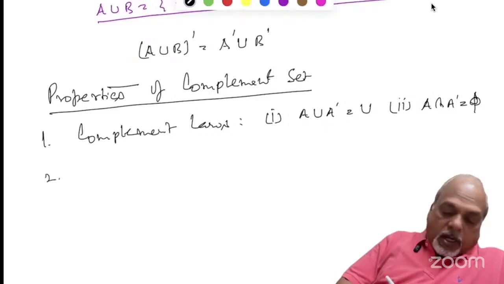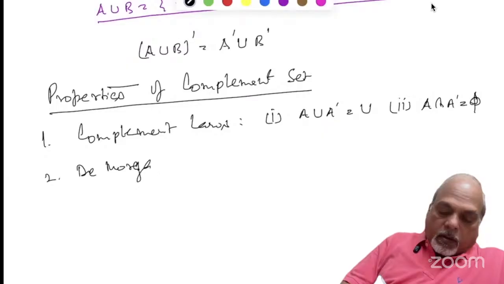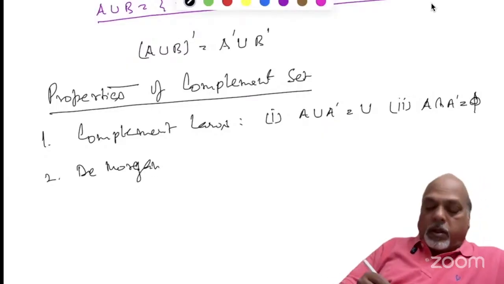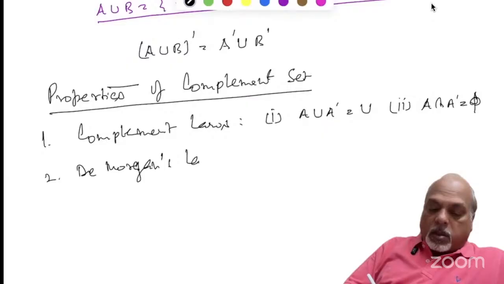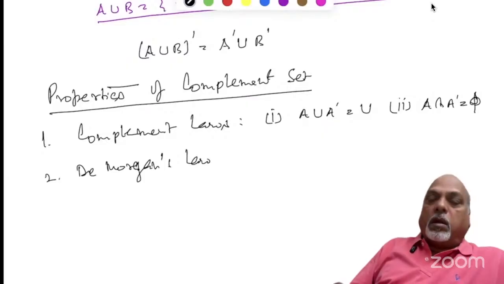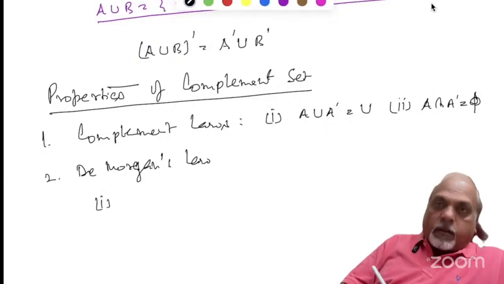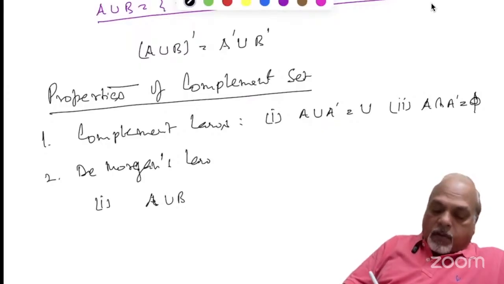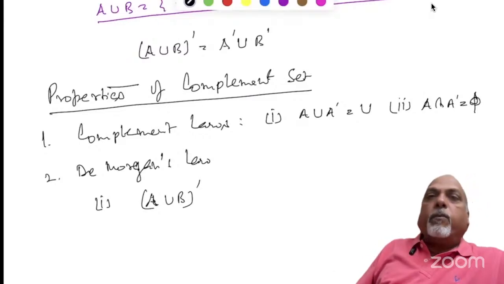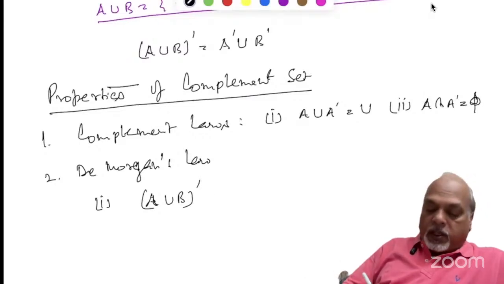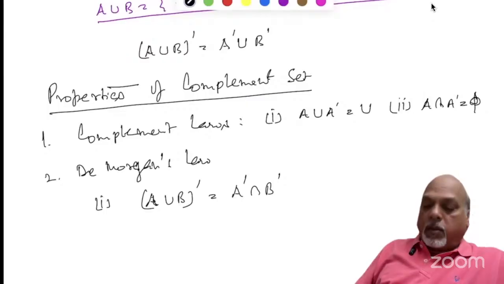Then there is De Morgan's law, which states that the complement of A union B is A dash intersection B dash.